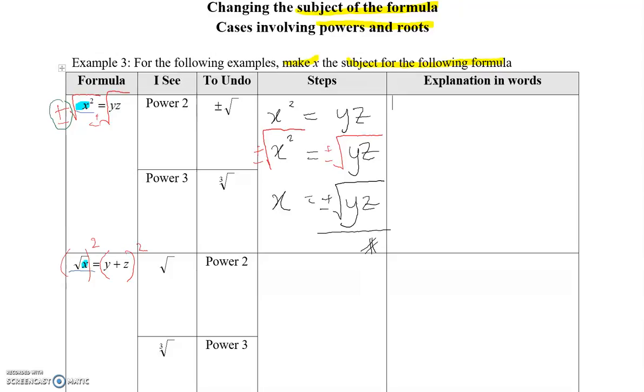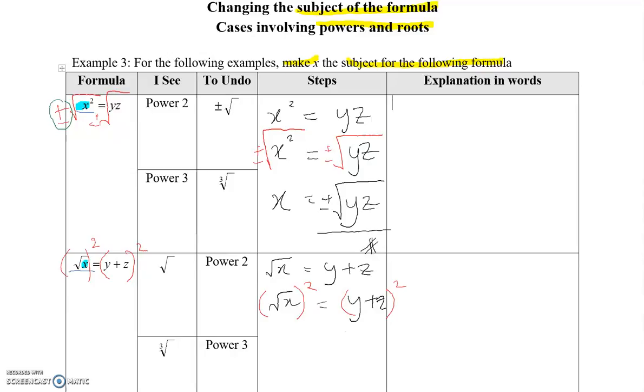So therefore, showing our workings, to make x the subject of the formula square root of x equals y plus z, we will have square root of x, the left side squared, equals (y plus z) whole bracket squared.